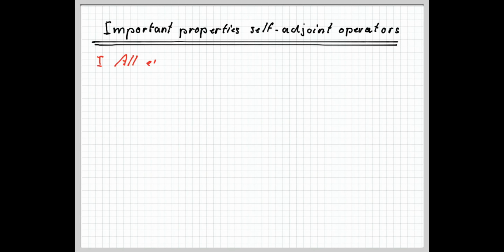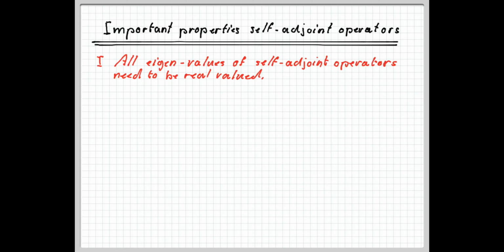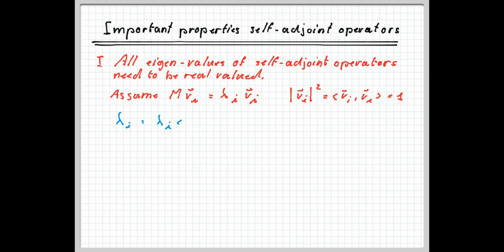First of all, its eigenvalues need to be real valued, as in not complex. Recapping our previous notation for the eigenvalue lambda of i with eigenvector v of i, and assuming all eigenvectors to be orthonormal, hence we can state, clearly this is true, or.